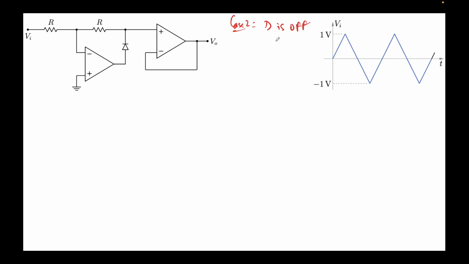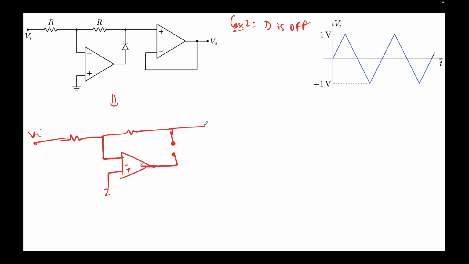Okay, D is off. So let's draw the circuit again quickly. So this is VI, resistor R, this is operational amplifier 1, and this is resistor R. Now what's going to happen is that this will now behave like an open circuit, correct? And this is R, this is my second op amp, where this is V0.